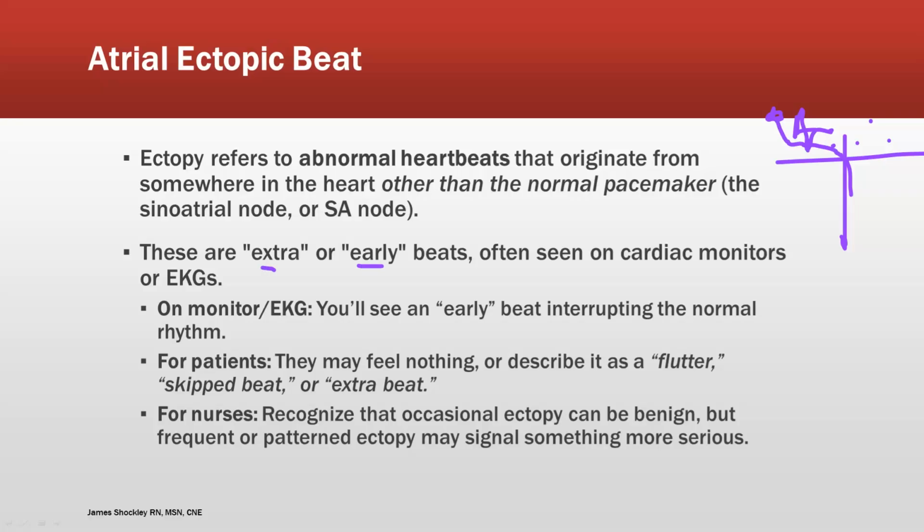Typically, my patients don't say a whole lot. They can say, oh my gosh, it felt like I had a skip beat, or I'm having palpitations, but generally speaking, they're going to be asymptomatic.